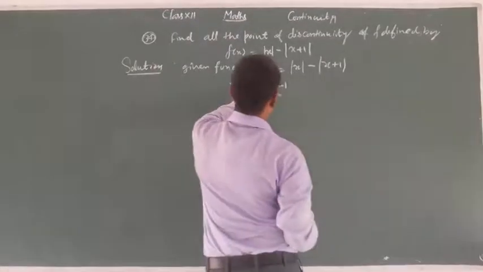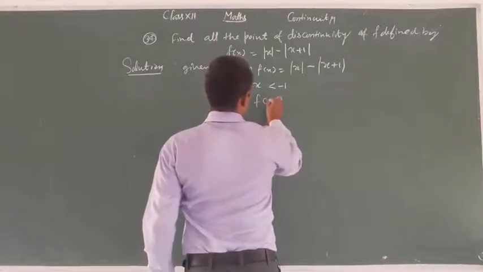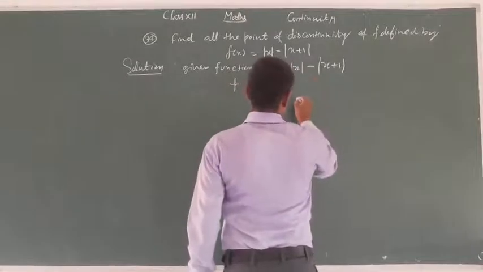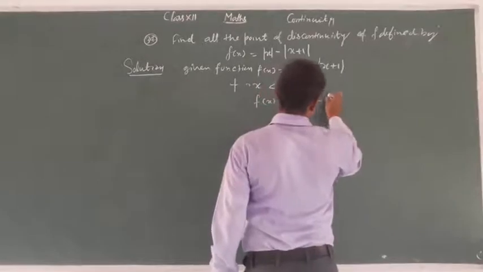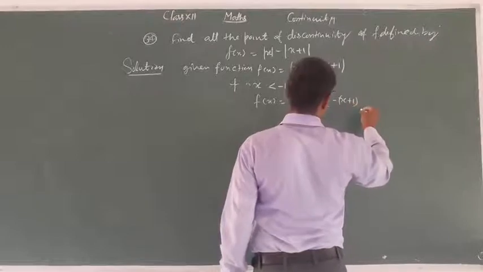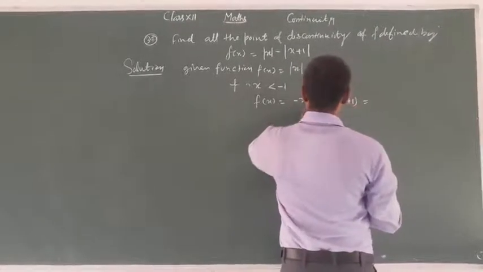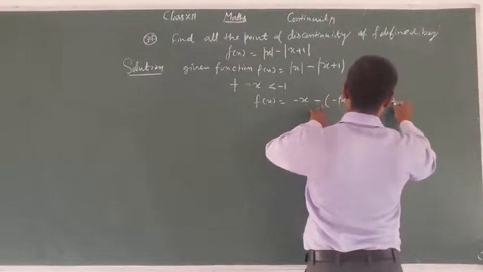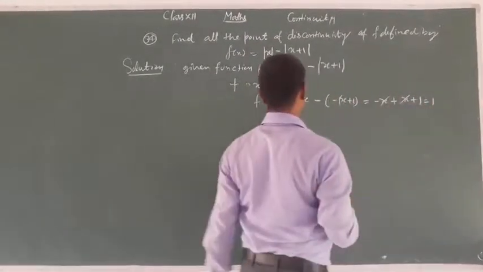Now take f(x), put here: f(x) is equal to minus x minus (minus x plus 1). So now f(x) is equal to minus x plus x minus 1, so f(x) is equal to 1.